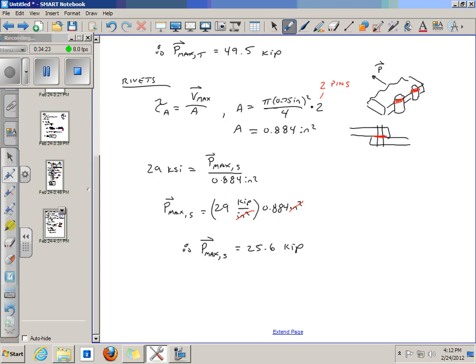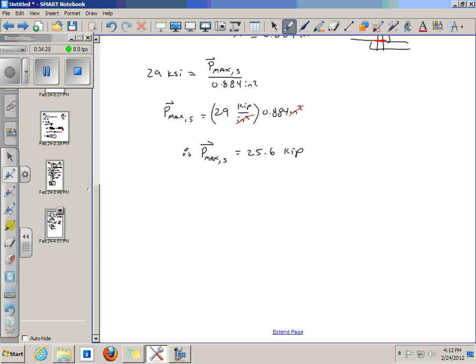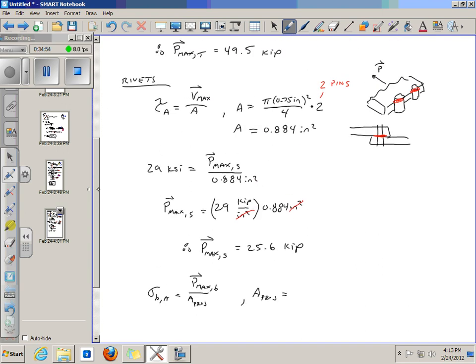All right, now let's look at this thing at bearing. Let's make sure that we're not going to crush anything. Sigma bearing allowable is equal to whatever that maximum P is in bearing divided by the projected area, since it's a pin.